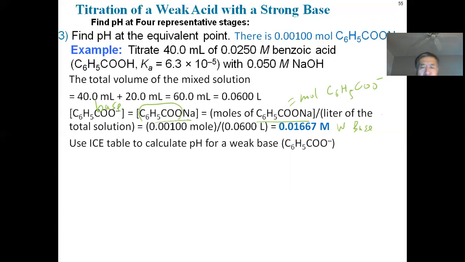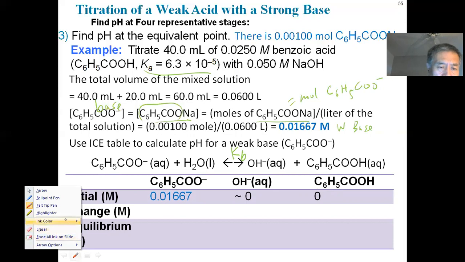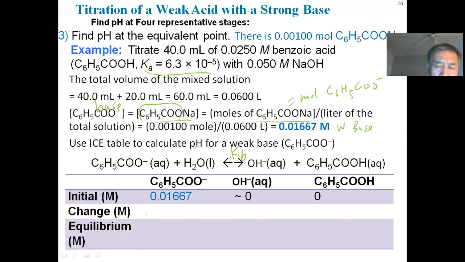So next we'll use the ICE table. So the typical approach. So we'll have this equilibrium. So this equilibrium has a Kb. So we have to find Kb by using Ka. So before that, we probably first finish this ICE table. So as the initial condition indicates, our equilibrium is shifting from left to right. So therefore, the change in concentration here will be negative.